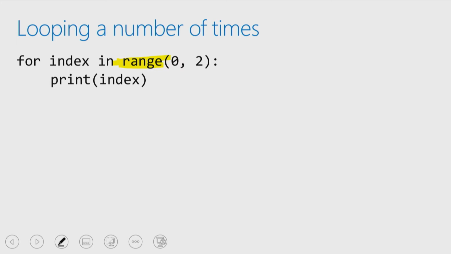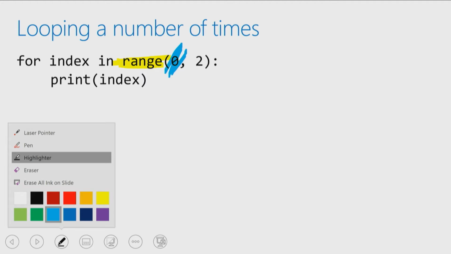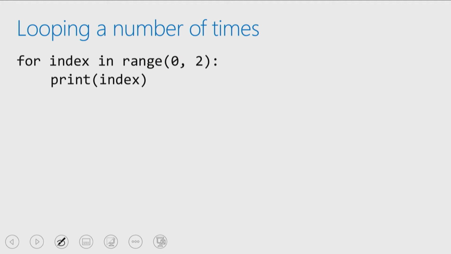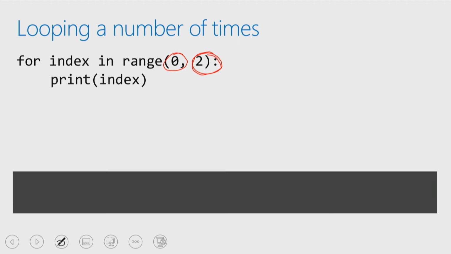What range will do for you is it will automatically create a list of numbers for you, where this right here, that little 0 right there, that's going to be the starting number. And then the second parameter is going to be the number of items that we're going to get.